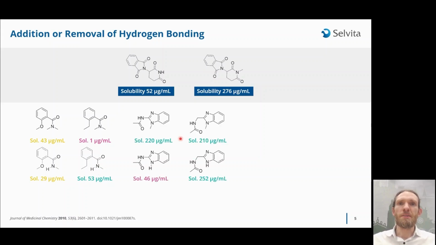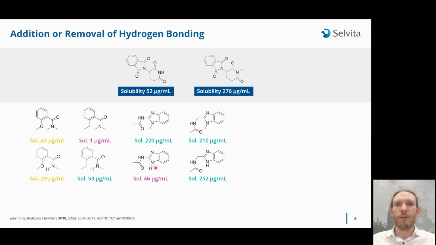Now let's go to the benzimidazoles, and here the modification is either methylation of the nitrogen or introduction of the methylene group. So when the benzimidazole is methylated, there is no difference in terms of solubility between those two molecules.